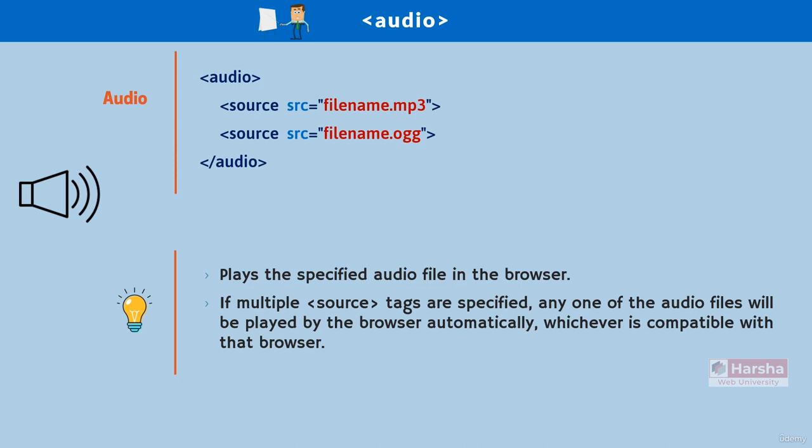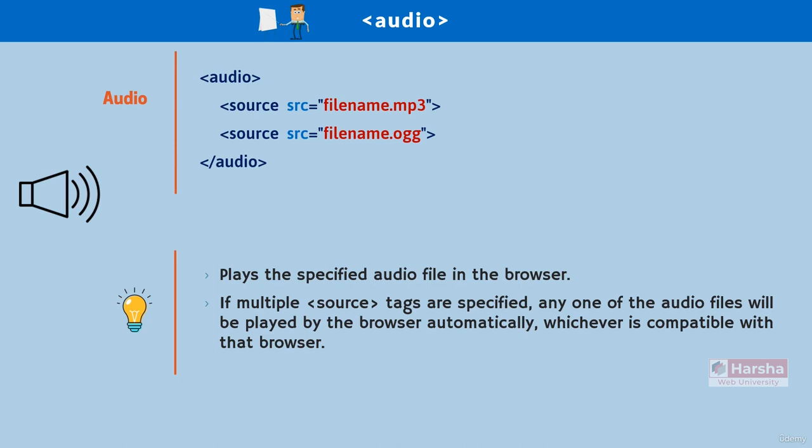But if the browser supports OGG, then the OGG file will be picked up and the MP3 file will be ignored. But in case the browser supports both formats at a time, for example Google Chrome supports both, in that case the browser picks up the firstly mentioned file. That is, if you mention the MP3 file in the first place, the first possible file will be picked up automatically by the browser.